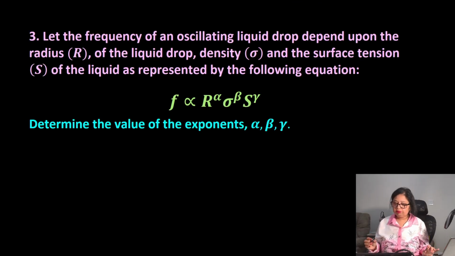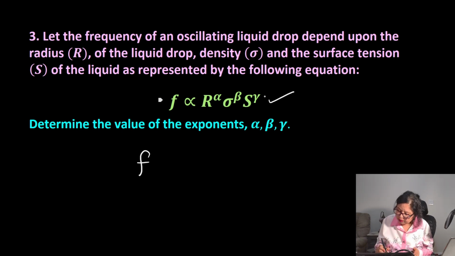Problem number 3. Let the frequency of an oscillating liquid drop depend upon the radius r of the liquid drop, density sigma, and the surface tension S of the liquid as represented by the following equation. Here's my equation. Determine the value of the exponents alpha, beta, and gamma.